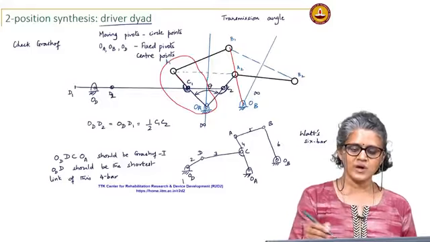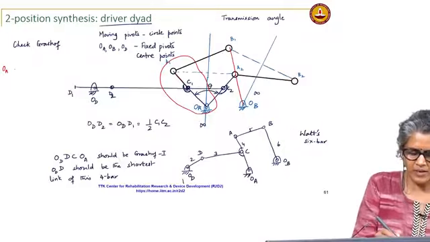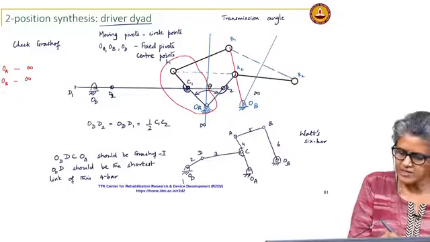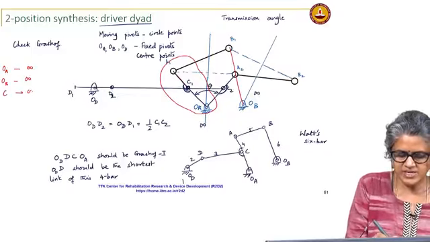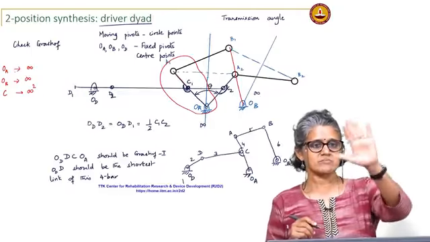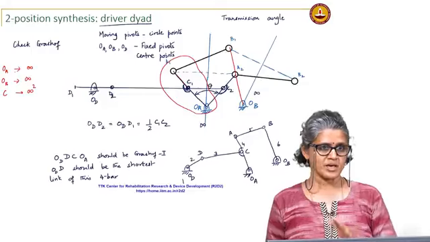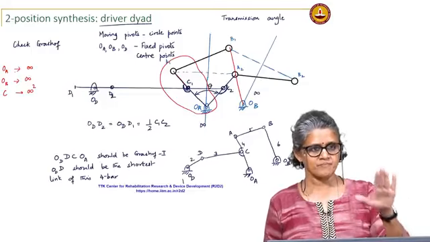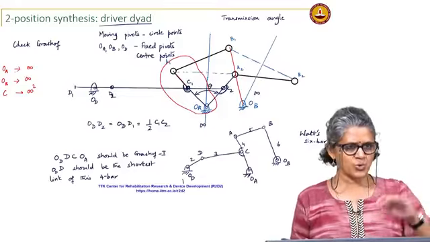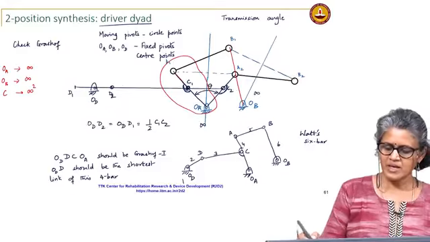So, let us say for OA I have an infinity of choices, OB infinity of choices, point C I have infinity square. I do not necessarily have to take it on OAA, I could take it anywhere on the body defined by the pivots OAA.